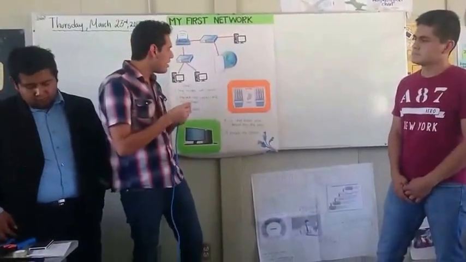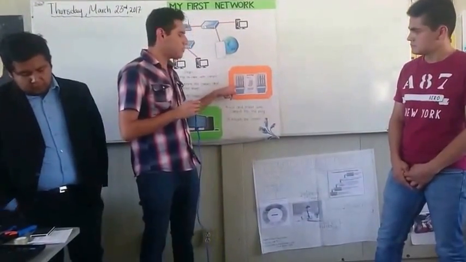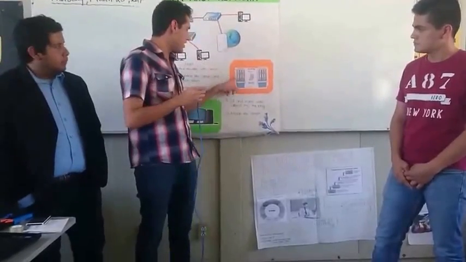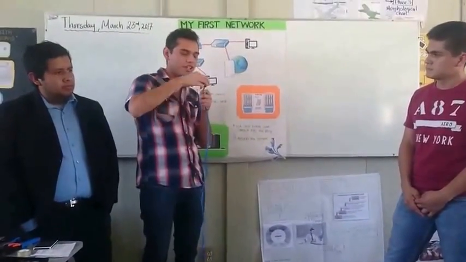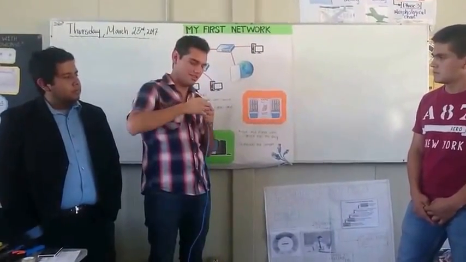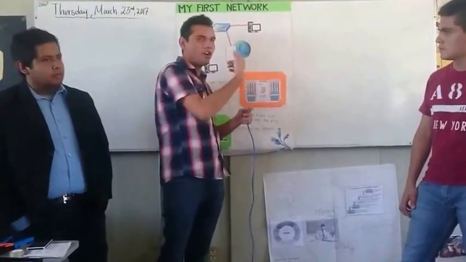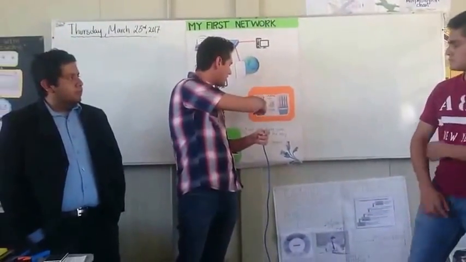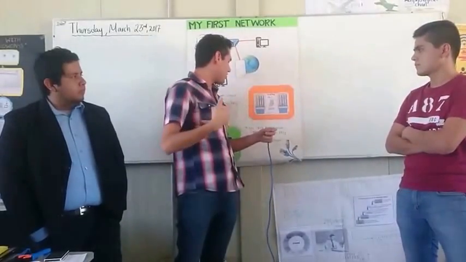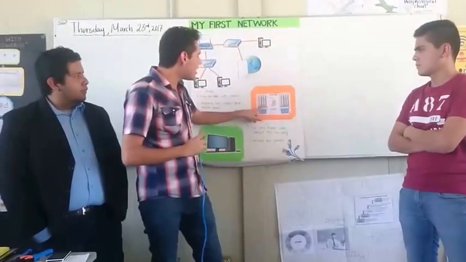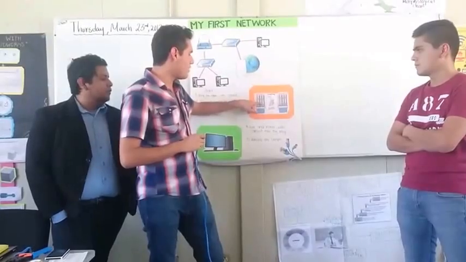For example, we need to order the cables. The first cable is white orange. The next is orange. The next is white green. The next is blue.